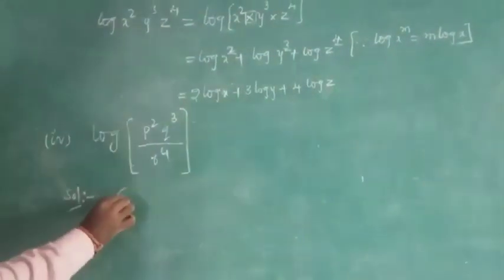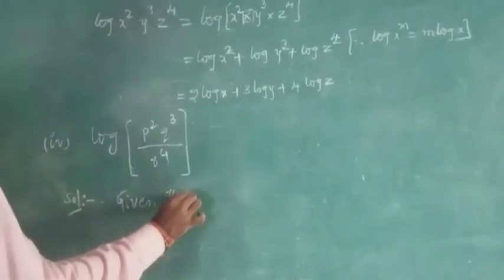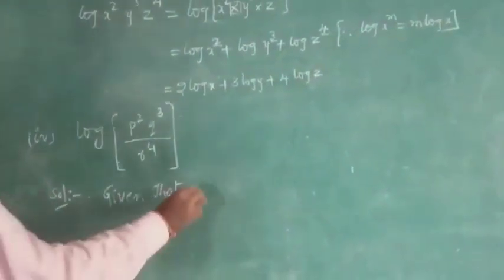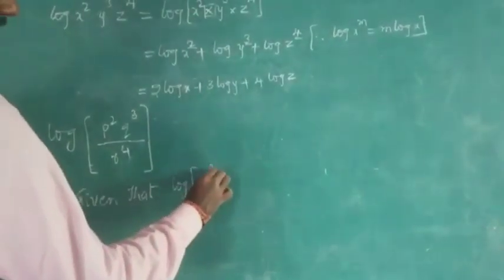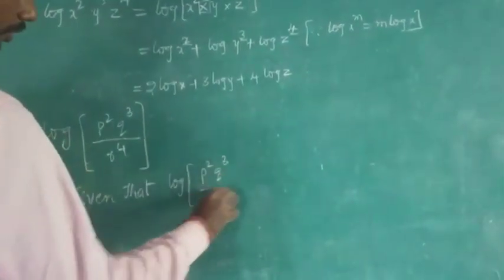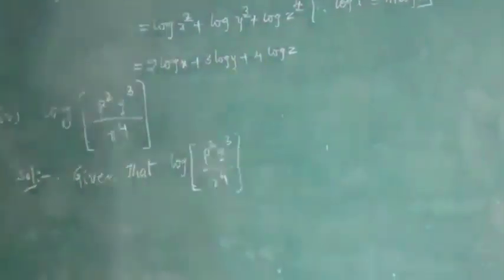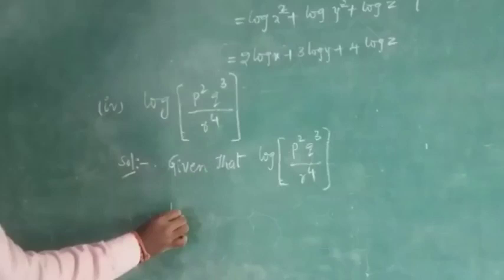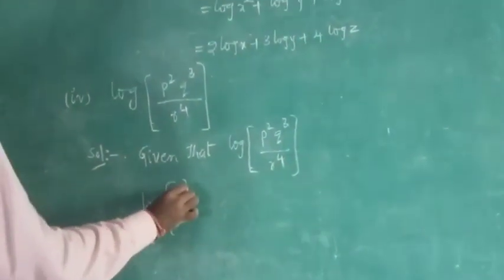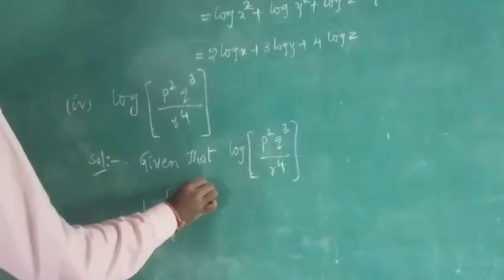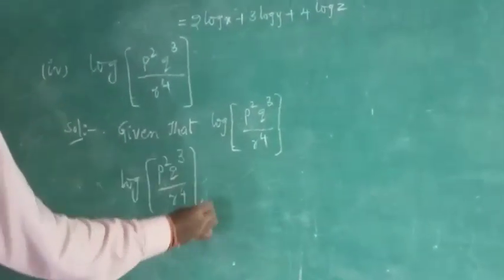Given that log p square q cube by r to the power of 4, for this you need to write the expanded form.